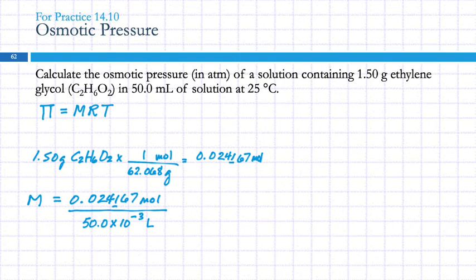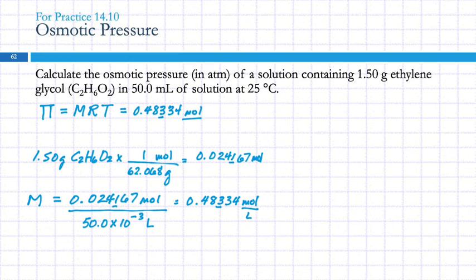So I've got my moles divided by 50 times 10 to the minus 3, and I get a molarity of 0.48334. So hopefully at this point in the semester, that seems very doable, calculating molarity like that.